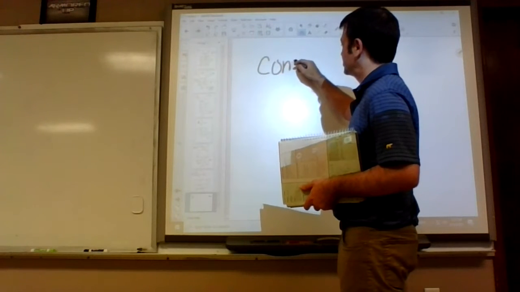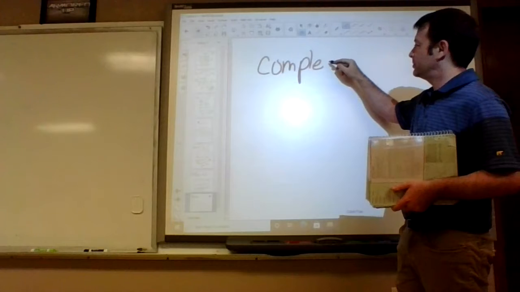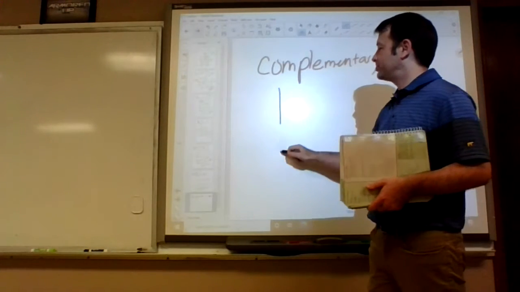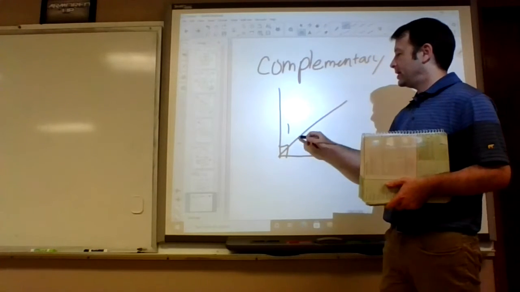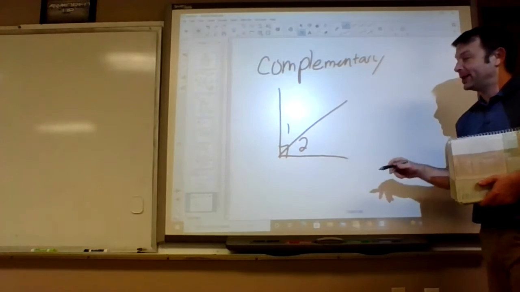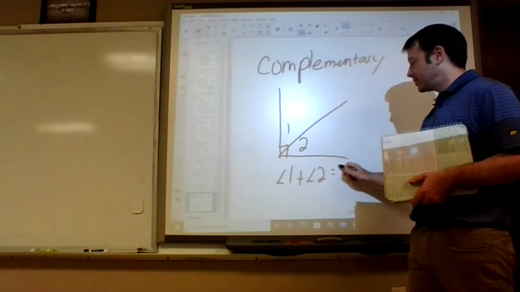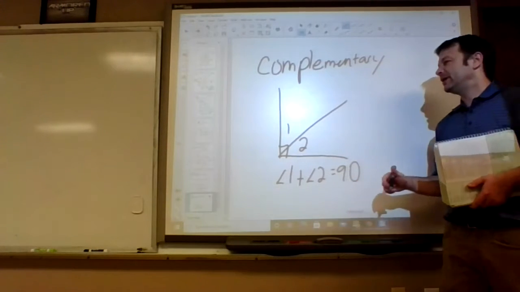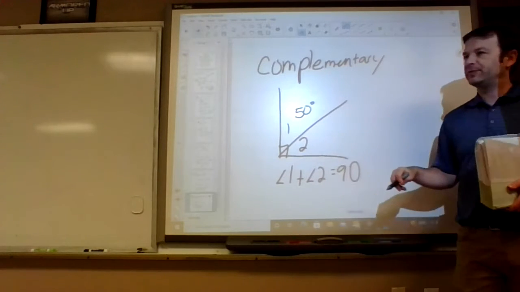Complementary angles are 2 angles that add up to 90 degrees. So for example, in this picture, there's 90 degrees. So angle 1 plus angle 2 would have to be 90, right? So they are complementary. So if I knew angle 1 was 50, what would angle 2 have to be? 40.